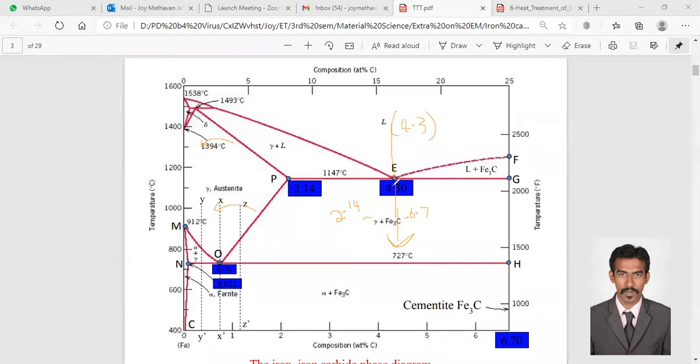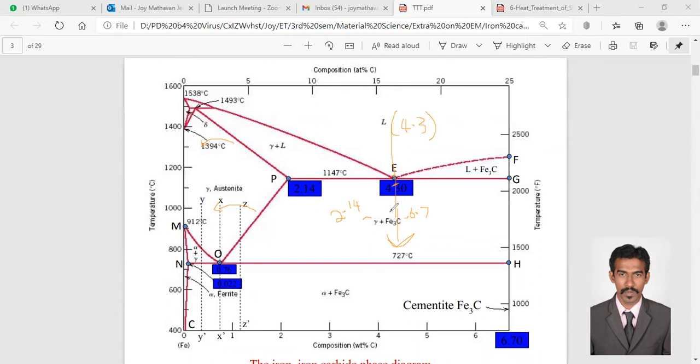Slightly below this point, what is the constituency here? Gamma plus Fe3C. So when coming from here to here through this particular point, we will have these two components, not alpha, but gamma plus Fe3C.